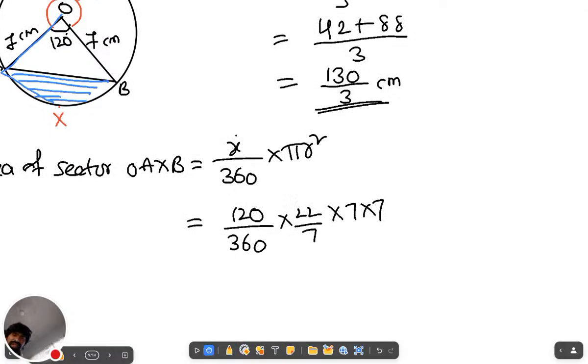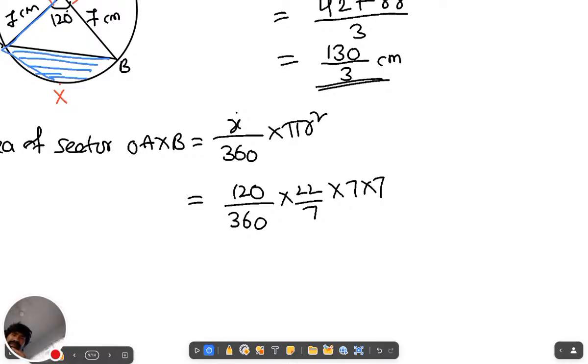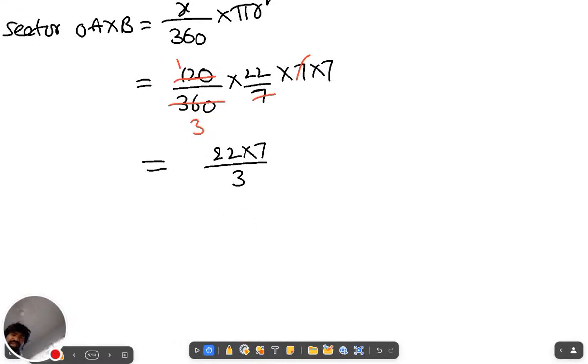So let's try to cancel here. 7 7s get cancelled. Now what do we have here? In the numerator we have 22 into 7. In the denominator we have 3. So 22 into 7 is 154 by 3 centimeters square.